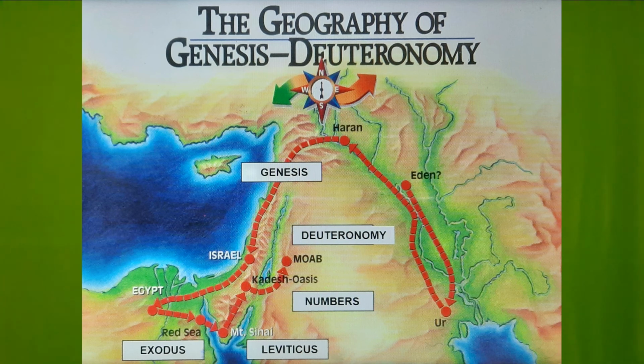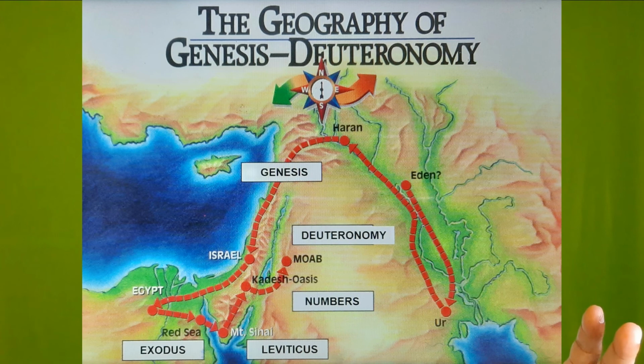And the third book, Leviticus, I told you there is no travel. It's all given, what kind of offerings and feasts by the priest. And the Levites were separated for that tabernacle business, everything like that. From the next book, the fourth book, Numbers, starting from Mount Sinai, they came up to Kadesh Barnea.